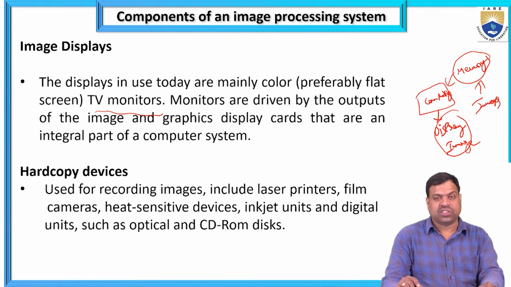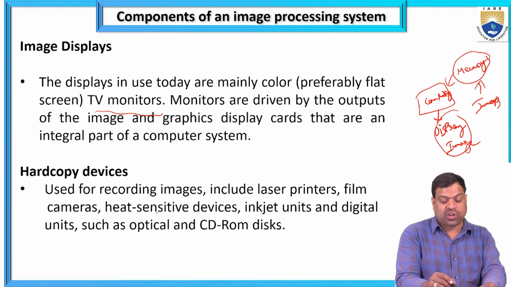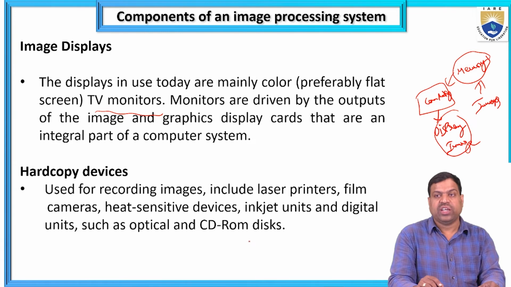And hard copy devices. What are the hard copy devices? Used for recording images, they include laser printers, film cameras, heat sensitive devices, inkjet units, and digital units such as optical and CD-ROM discs. So hard copy is there.